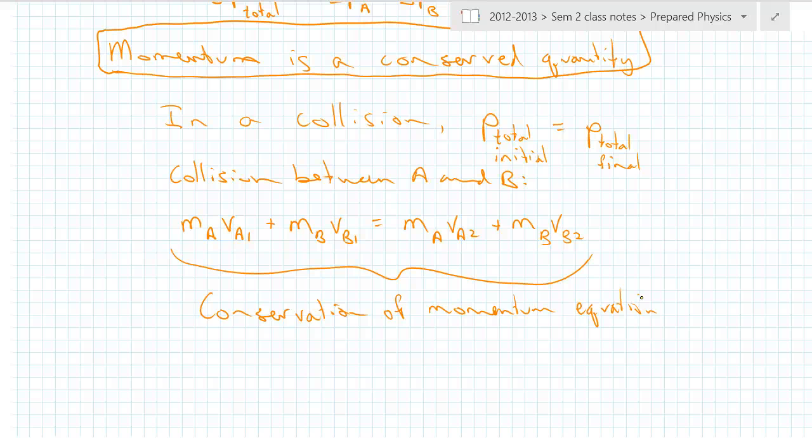It's really important to note that while energy is conserved, kinetic energy is not conserved in a collision. If you have two cars heading toward each other and they slam into each other, there's not as much kinetic energy after the collision as there is before, because the cars either stop or are moving backwards or whatever.